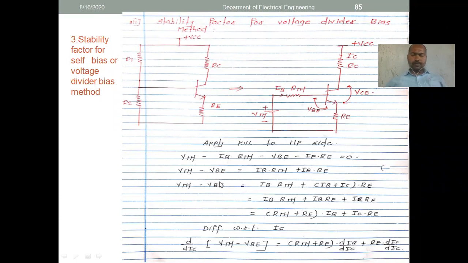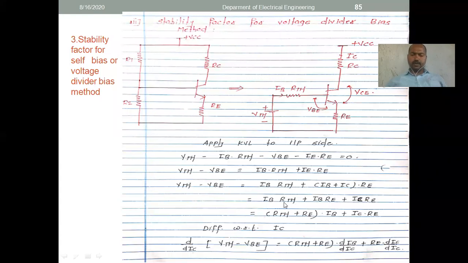So VTH minus VB is taken on one side, and the minus terms go to the other side: it is IB into RTH plus IE into RE. So VTH minus VB equals IB into RTH plus IE RE, and IE is IC plus IB, so IE is written as IB plus IC, multiplied by RE. So your equation is VTH minus VB equals IB RTH plus IB RE plus IC RE. This is the equation, right?